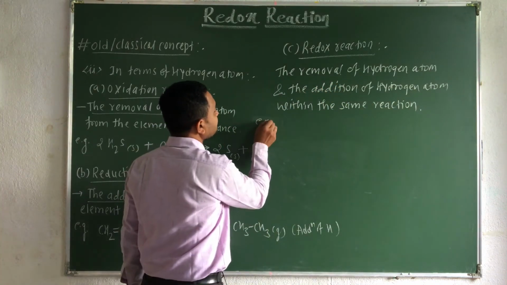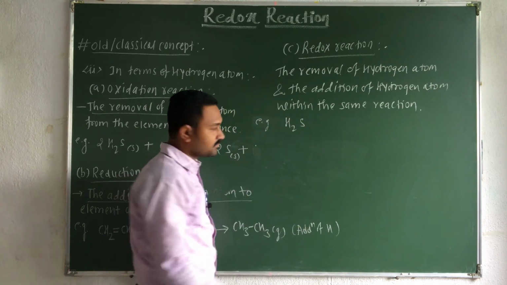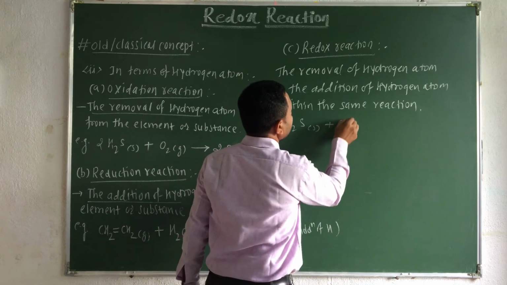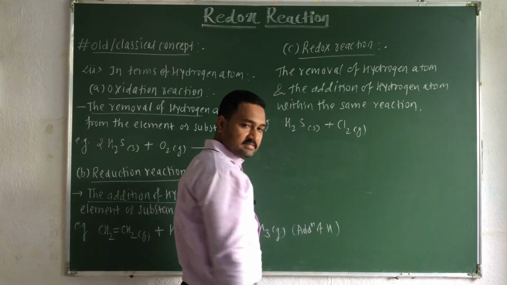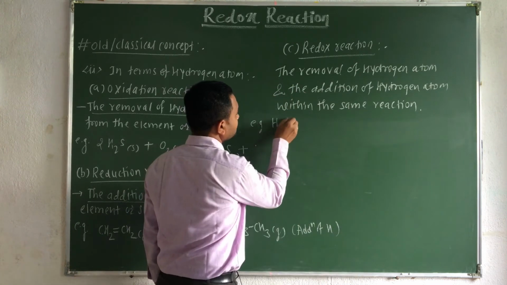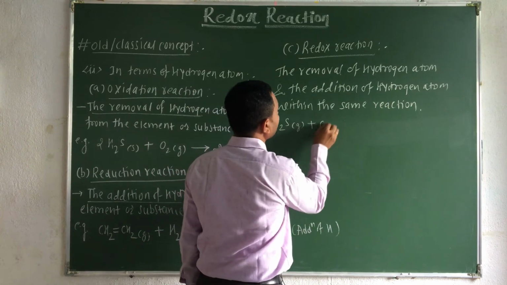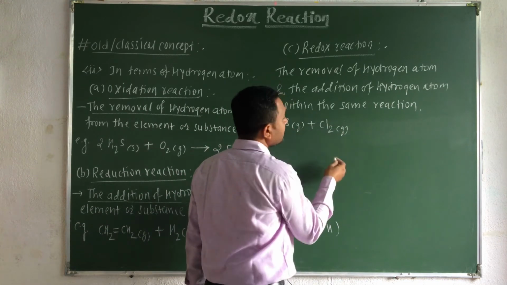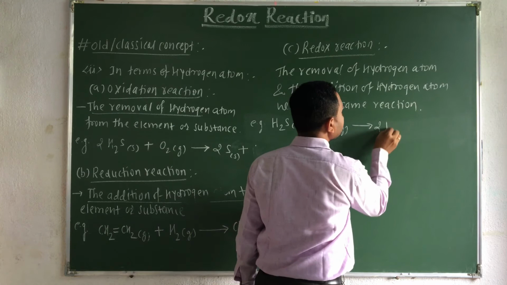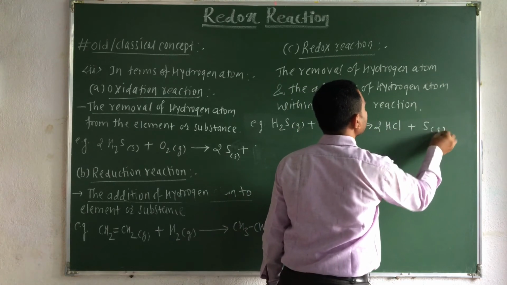Let us consider the example, that is 2H2S plus Cl2 gas. It gives 2HCl plus sulfur in solid state.